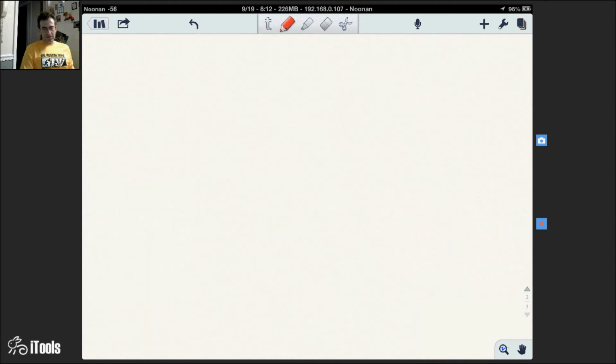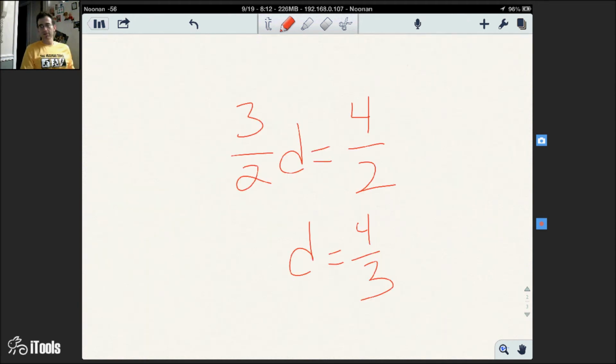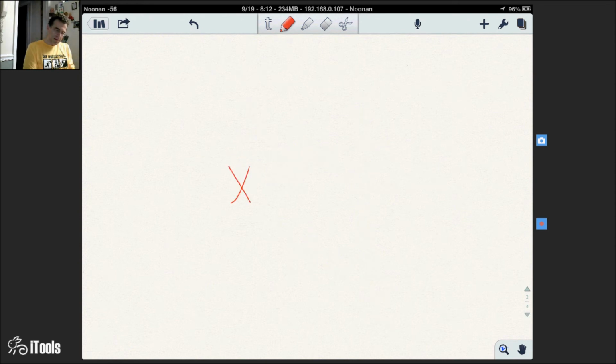So that distance to the directrix, that 4/3, is a distance to the left. So let's see how we do here. That means that x equals negative 4/3 will be the equation of the directrix.